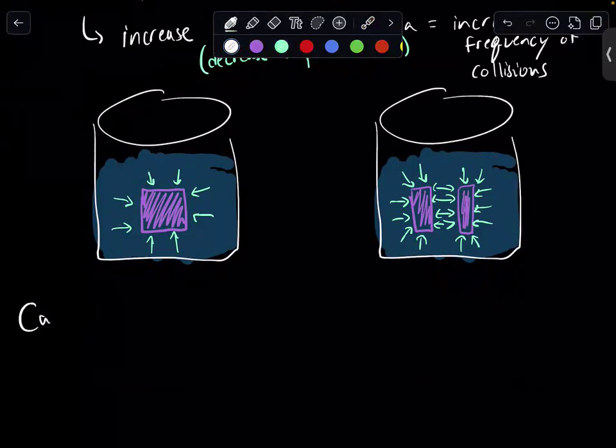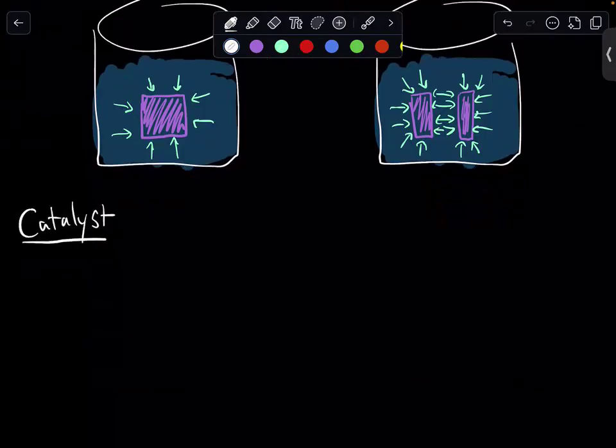All right, our last one is called a catalyst. Now, I'm going to tell you right now that on almost every DP test, I have seen the phrase or the question, what is a catalyst and or how does it work? I'm telling you right now, and I tell all my students this, you must memorize this phrase. I feel like I'm teaching to a test because I am, but memorize this phrase.